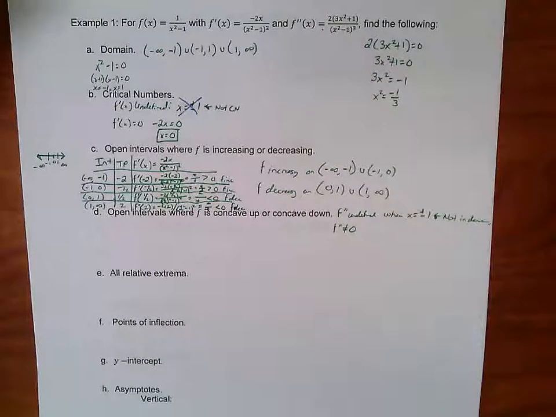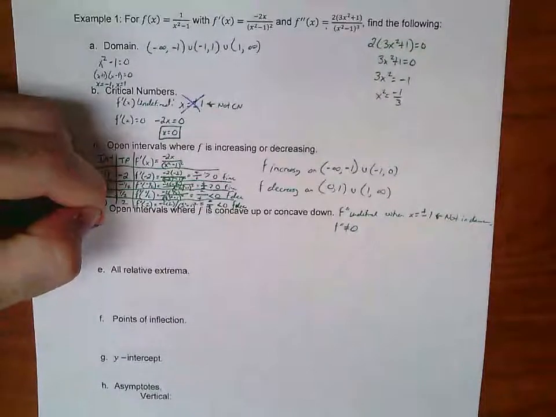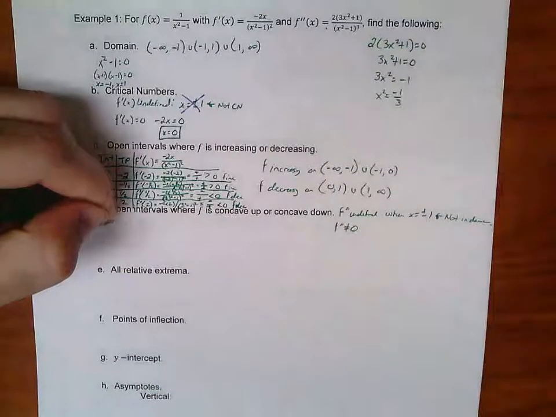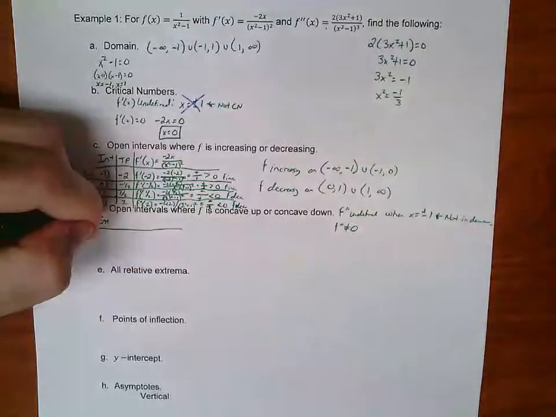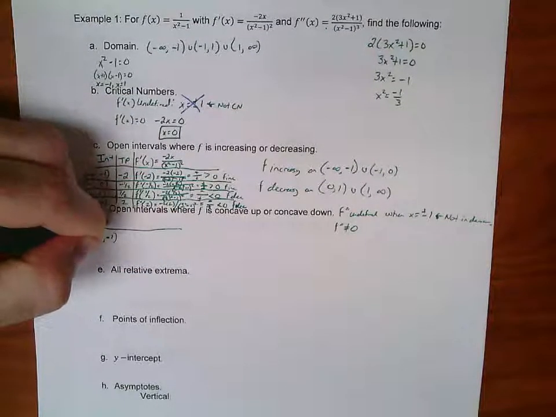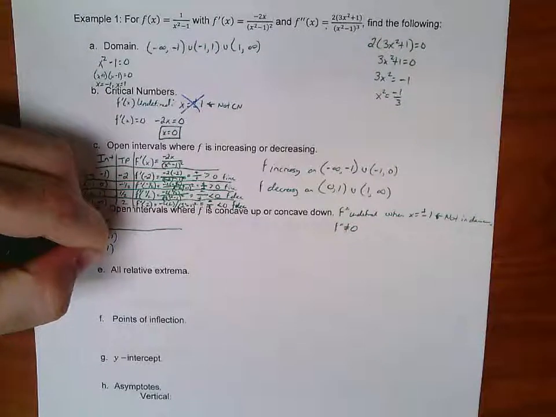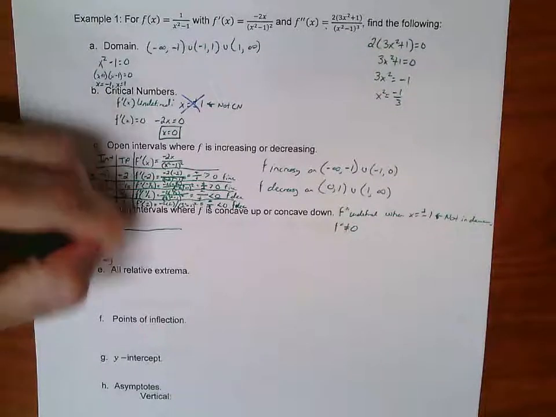All right, so then all we have to look at is the values where f double prime is splitting on the domain, right? So we're going to look on the intervals in this case. We just have to worry about our domain. So negative infinity to negative 1, negative 1 to 1, 1 to infinity.